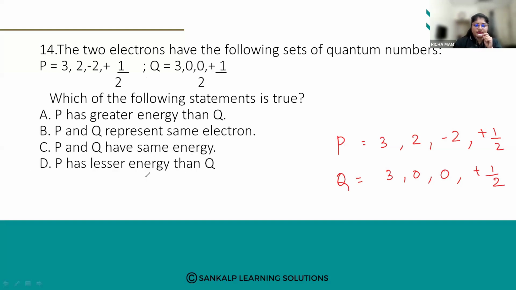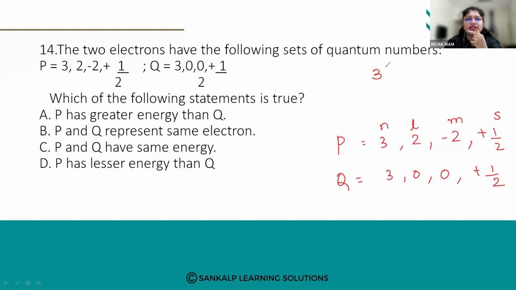Now for P, can you tell me what orbital this is? The main shell is 3. n represents the principal quantum number, this is L, this is the magnetic quantum number, this is spin.